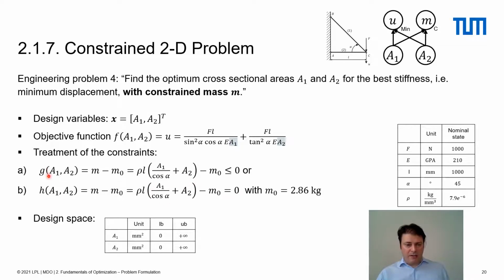So the functions themselves are actually the same. However, they're used in different conditions. One of them being an inequality constraint, and the other one being an equality constraint. And here is the set of reference values that hasn't changed that we'll be using for the analysis of this problem.